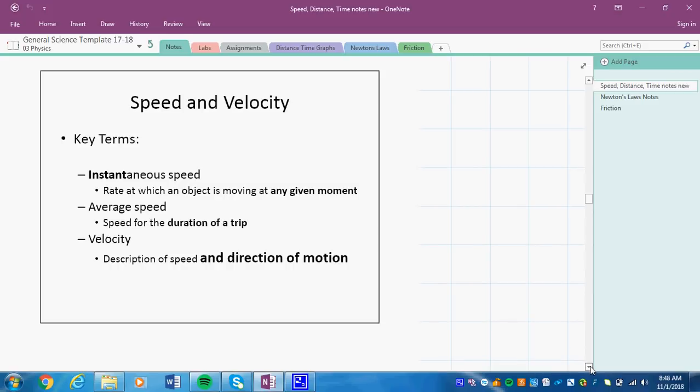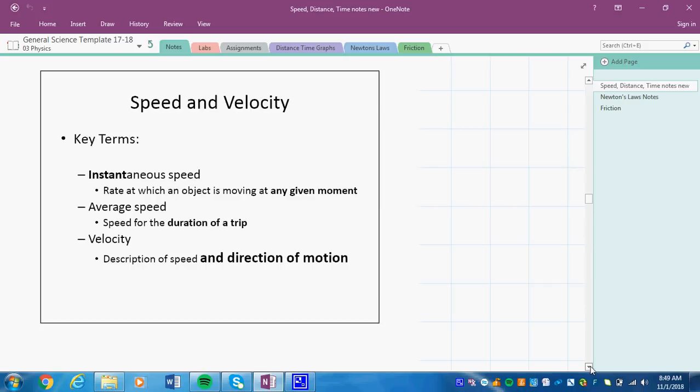All right, so you heard me talk about average speed. Some key terms when we talk about speed and velocity: instantaneous speed. That's at the very moment, some point that you've picked out, you can determine how fast you're going. Average speed is what we did earlier, so we don't know if we sped up or slowed down.